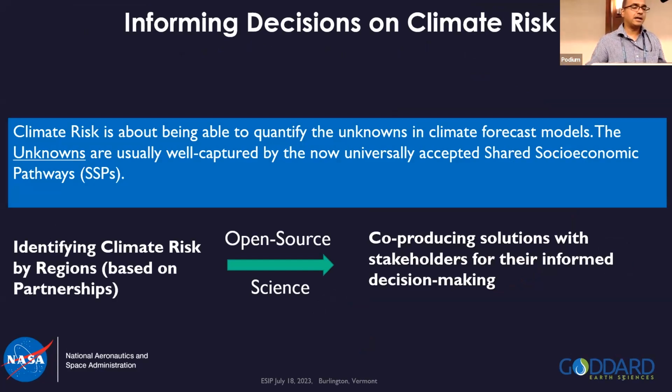Climate risk, as you all know, is more about being able to quantify the unknowns in climate forecast models. So the models exist. If we can identify the unknowns, then we can share them appropriately and in a timely fashion. And most of that work is already done by the now universally accepted shared socioeconomic pathways.